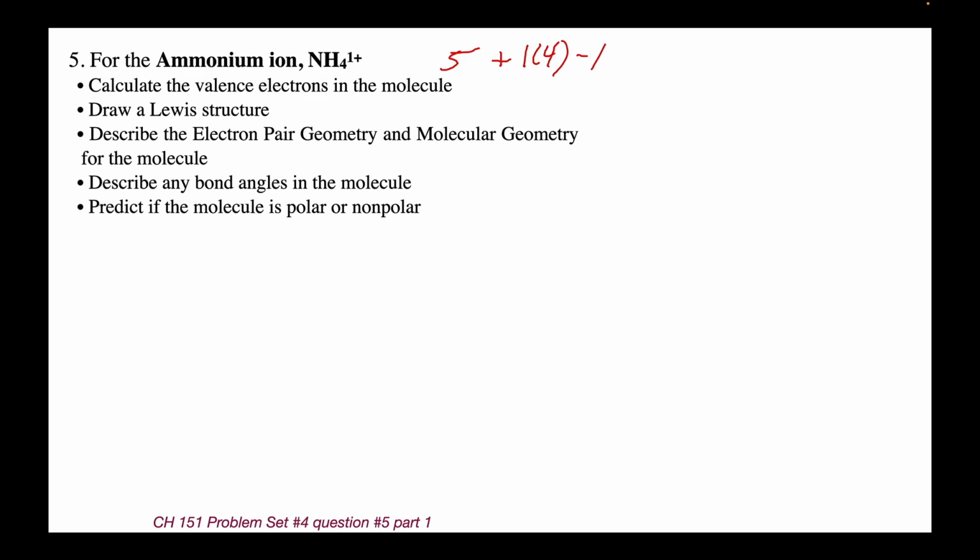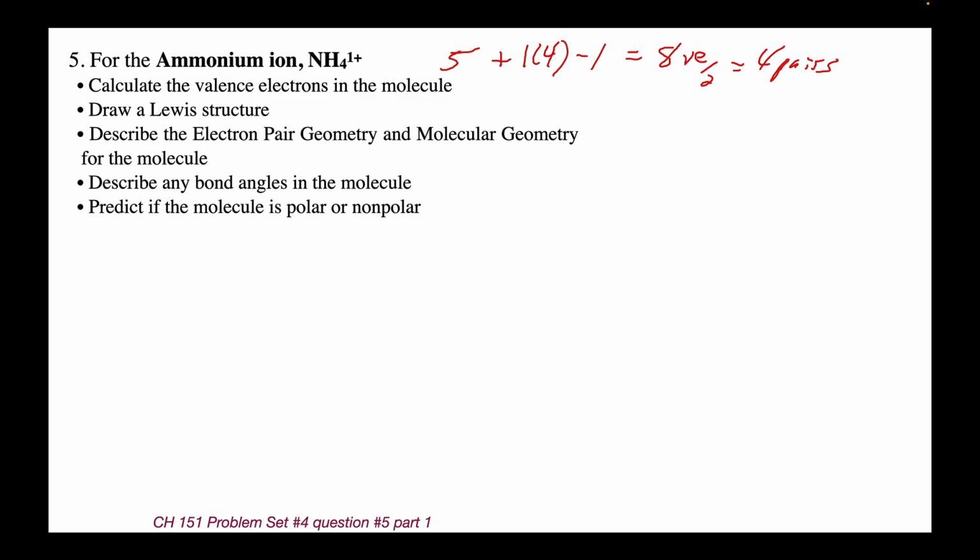So instead of 5 plus 4, 9 electrons, it has 5 plus 4 minus 1, 8 valence electrons, or if you divide that by 2, 4 pairs of electrons. All right, so positive means take away, and adding negative charges means add electrons. And that's a little counterintuitive sometimes when you're learning this, but it's just something to get used to.